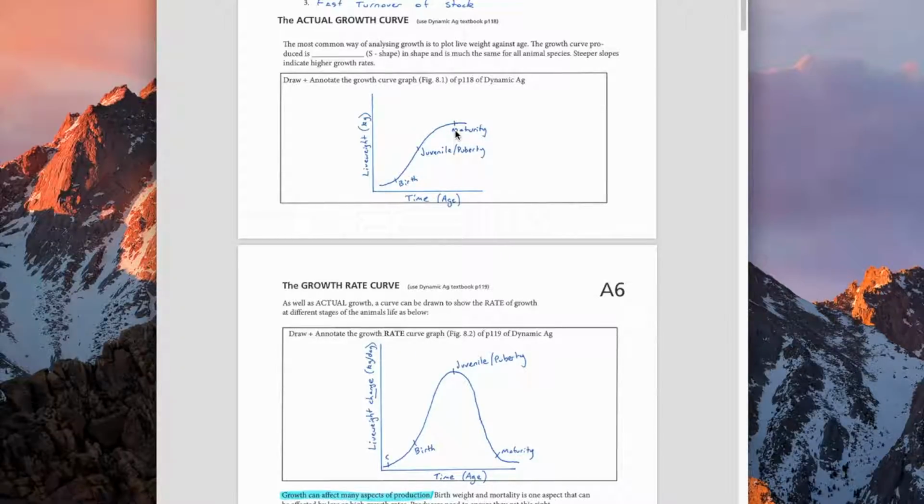Once they reach maturity, at whatever age that might be, they don't really put on any more weight. They may put on a bit more fat, a small amount, but they've basically reached their peak weight effectively, and their food conversion efficiency after this drops off dramatically because they're eating food but they're not turning it into any additional weight. So that's the growth curve, or the actual growth curve.